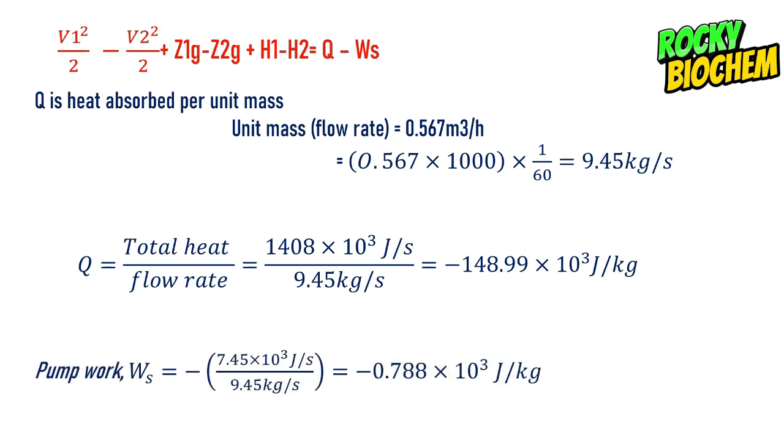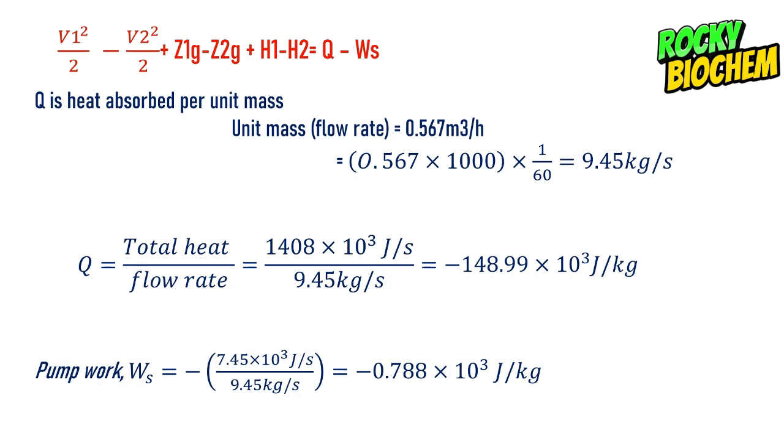And also, the pump work is the work done by the pump in pumping the fluid from one point to another. So here, we can get this by dividing the power of the pump by the flow rate to get our pump work. The power of the pump was given to be 7.45 times 10 to the power 3 joule per second.